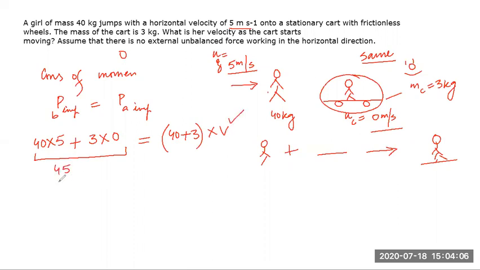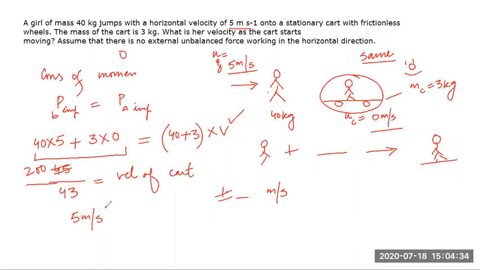This is 200 by 43, which would be equal to the velocity of the cart or velocity of the girl. So 200 divided by 43. You could find out it is approximately equal to 5 meters per second, the velocity of the girl.